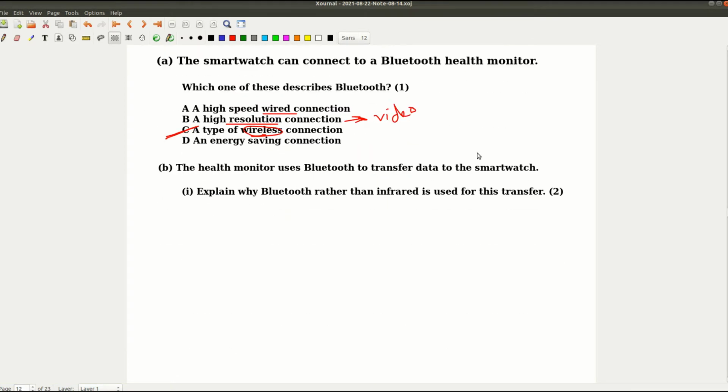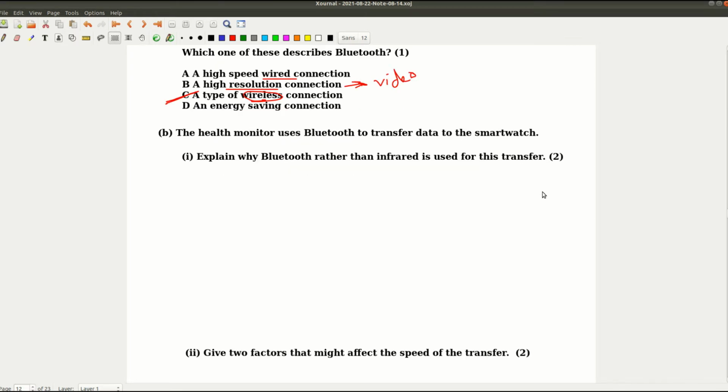The health monitor uses Bluetooth to transfer data to the smartwatch. Explain why Bluetooth rather than infrared is used for this transfer. So this question is asking why we use Bluetooth and why we can't use infrared to do the same thing.